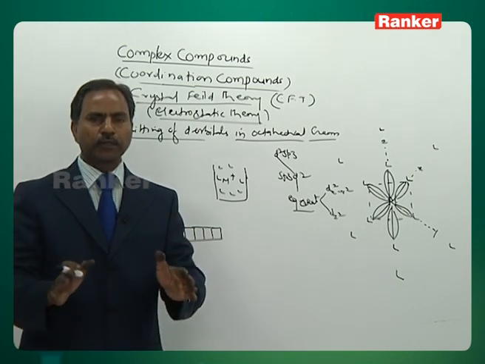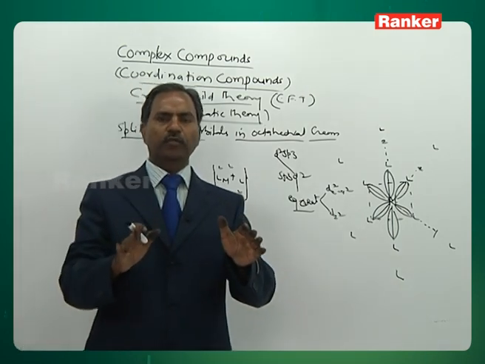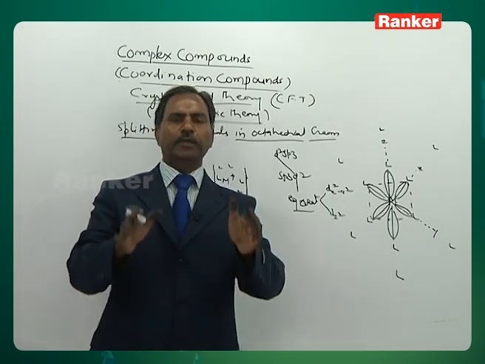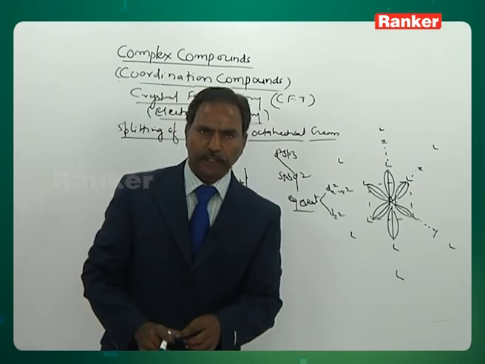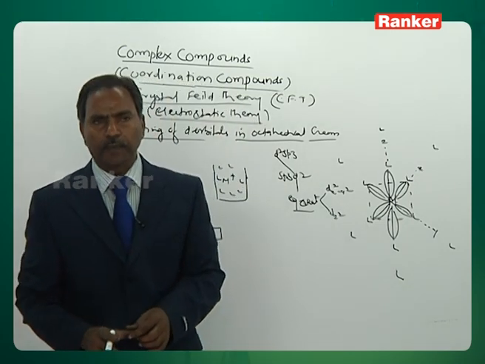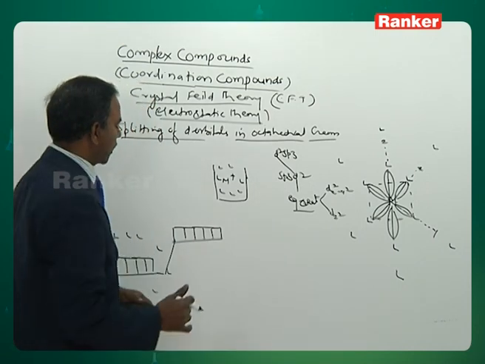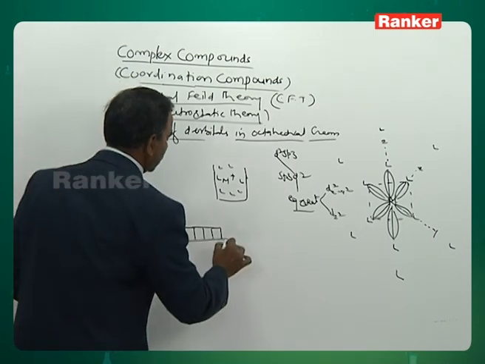The orbitals which are oriented along x, y and z-axis are experiencing greater repulsion, so their energy is increased. So, what you can write now, the eg set of orbitals are increasing their energy.